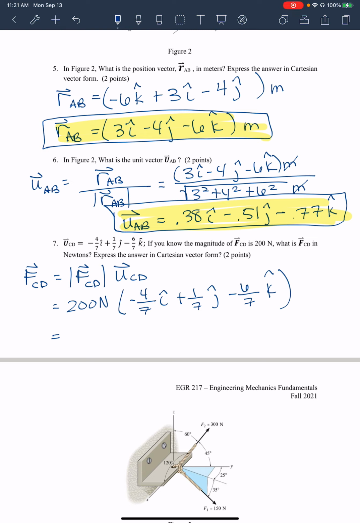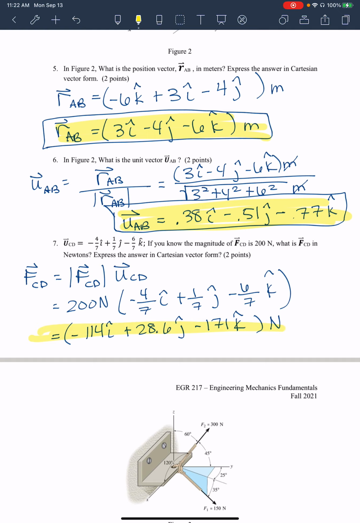And so we get negative 114i plus 28.6j minus 171k. That's in newtons. And they asked us to express the answer in Cartesian vector form, and they asked what it is in newtons.